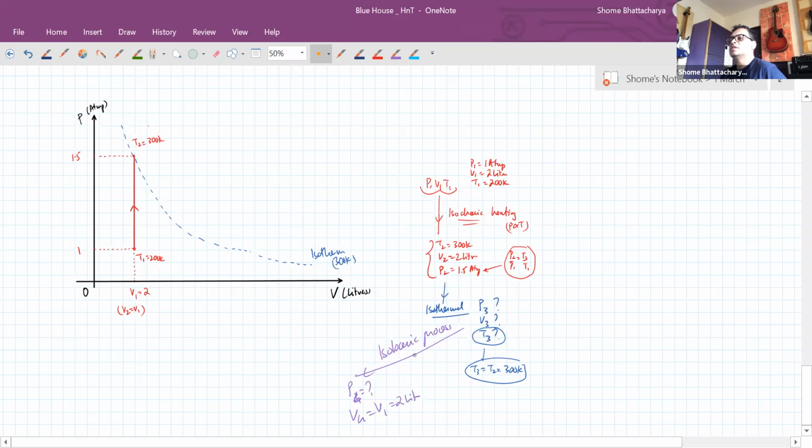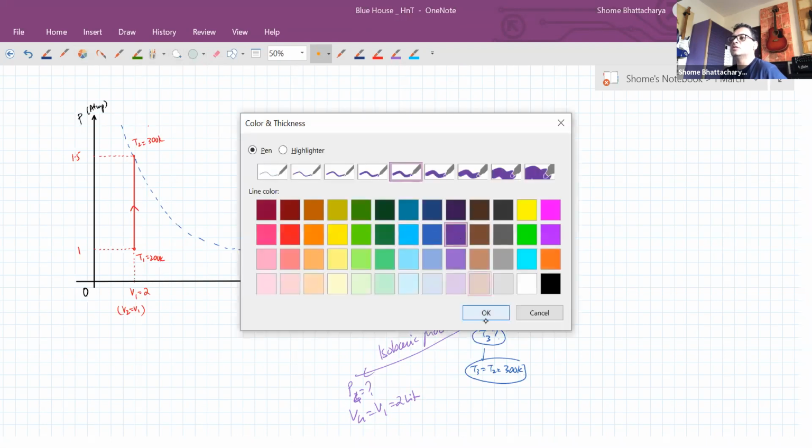Because this is isobaric, and it's coming back to the initial state, I must be going like this, because the question is saying that I'm coming back to the initial state.